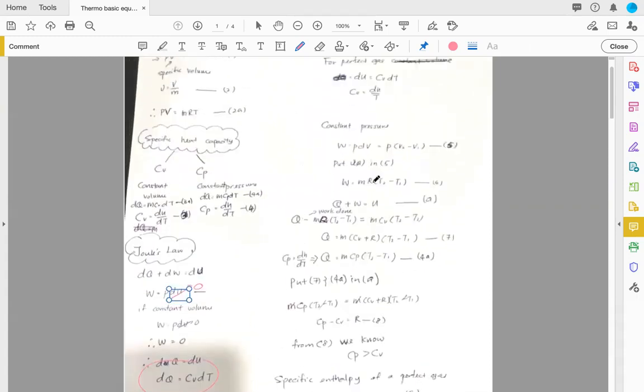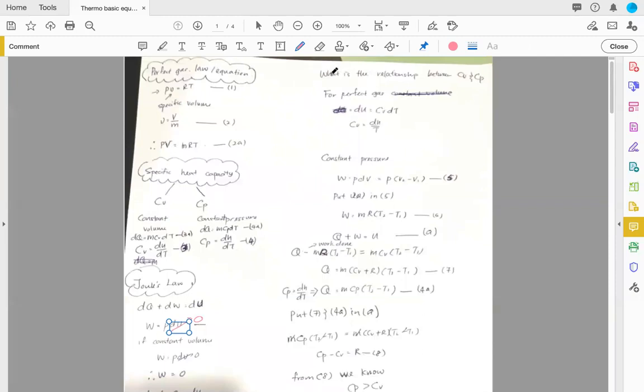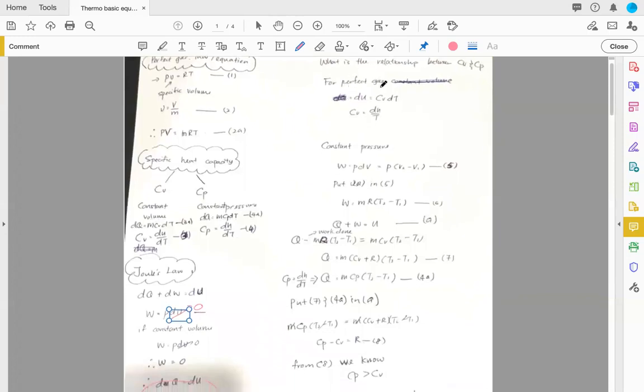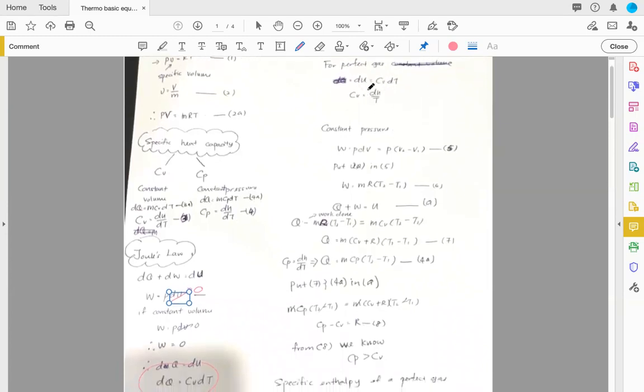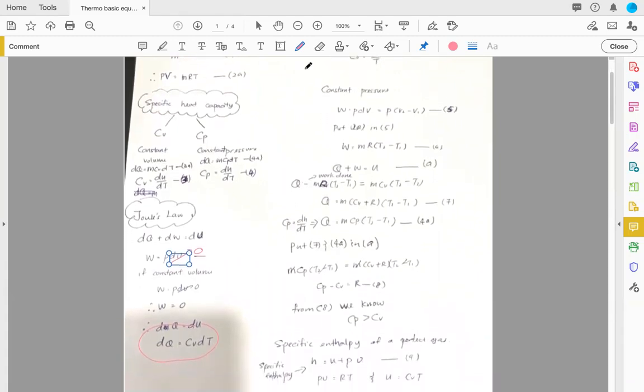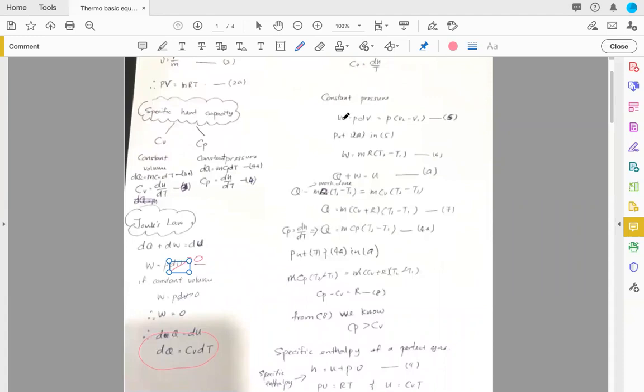Okay, so what is the relationship between CV and CP? For perfect gas, delta U equals CV delta T. We can move it around, so CV equals dU over dT, which is the same as equation number 3. At constant pressure, the work equals P delta V. At this point the volume keeps changing, correct?